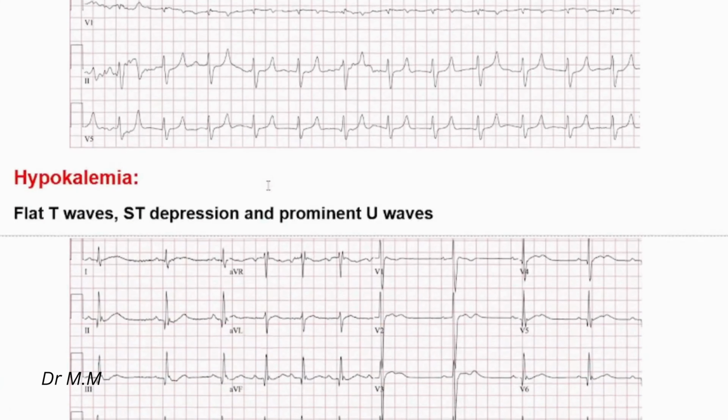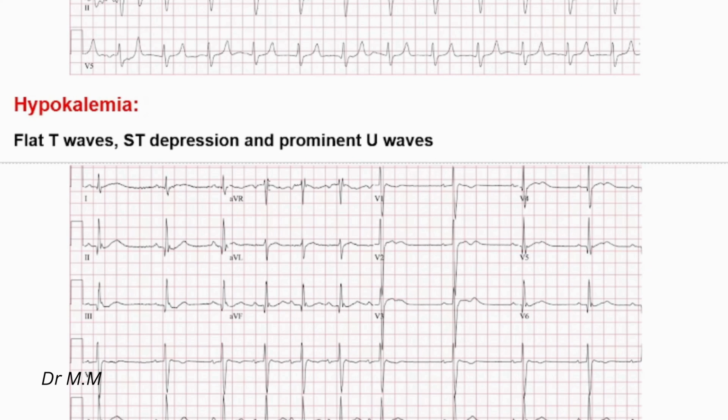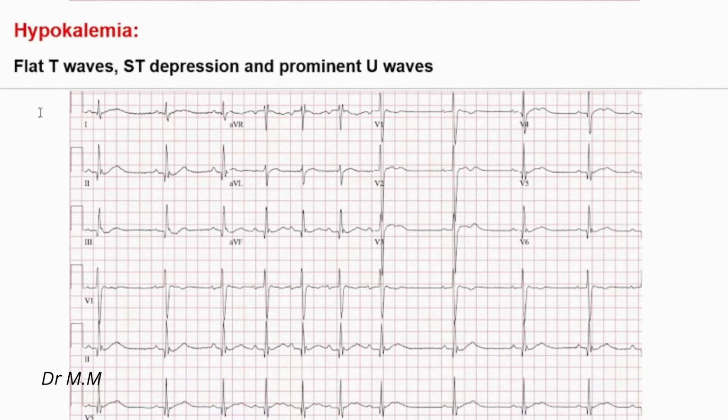Okay, hypokalemia. In opposition to hyperkalemia, in the ECG pattern of hypokalemia we have flat T waves, ST depression, and prominent U waves.